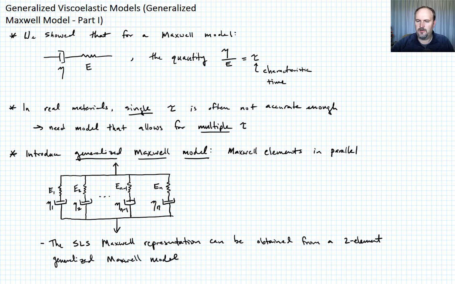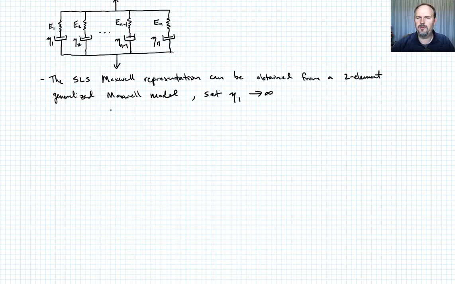And let me show you how we do that. We're going to set this eta 1 term to infinity, and when we do that, we basically negate the dashpot and we just have the spring that we'll call E1. And then we'll have a second spring in parallel with a dashpot there in series.